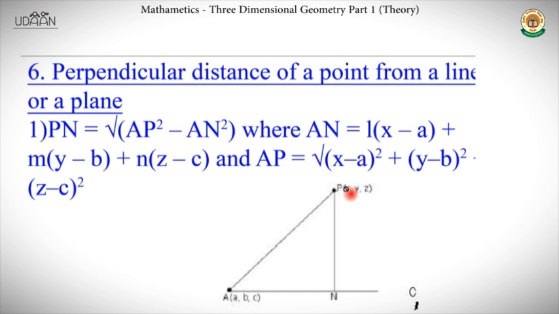Now we clearly know by Pythagoras theorem that PN equals AP square minus AN square whole power 1 by 2.